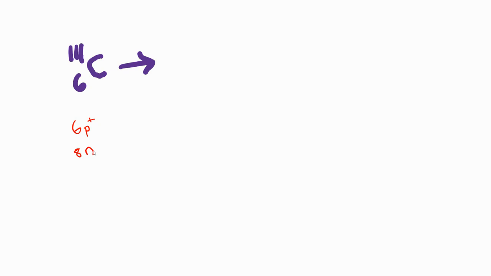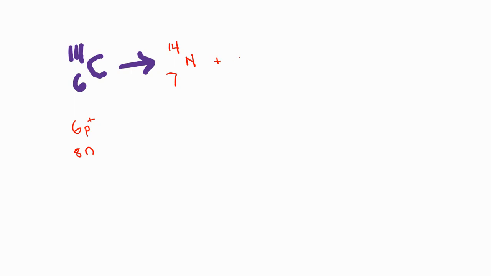And so the nucleus will eject an electron by having a neutron turn into a proton and an electron. When we do that, our atomic number increases by 1, but our mass number stays the same. You look that up on the periodic table, that's going to give us nitrogen-14.